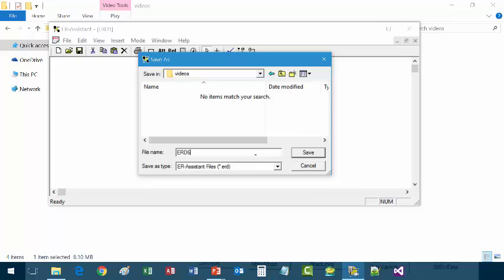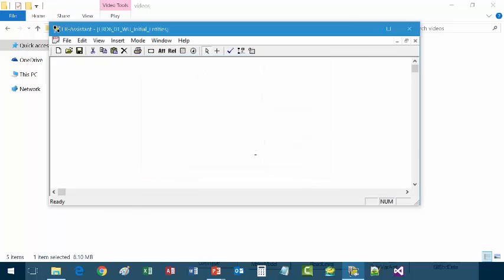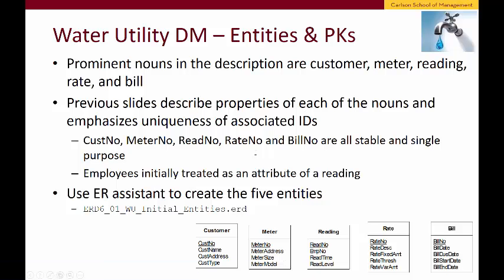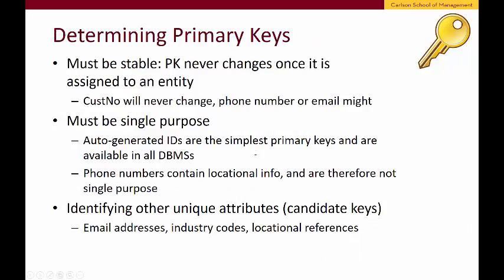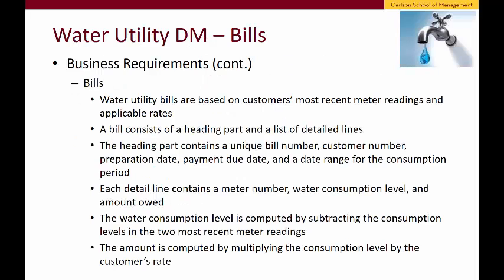So ERD6, 6 for chapter 6, underscore 01 for the first diagram. We're not going to have that many in these video recordings, and then it is WU for water utility underscore initial underscore NTTs.